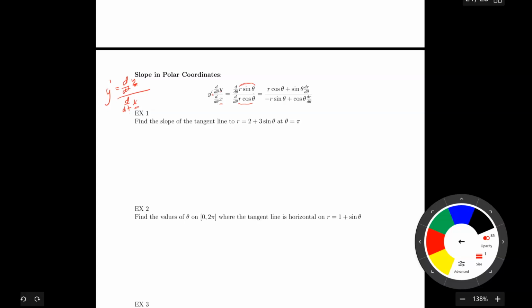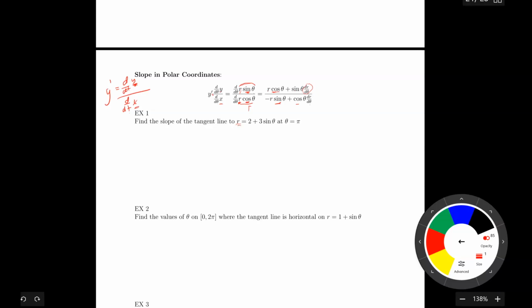It's going to be first times the derivative of second, plus second times the derivative of the first. The derivative of r is dr d theta. And down here, product rule again: first r, derivative of cosine, negative sine, plus cosine and the derivative of r. Nothing is ever going to cancel, so we just need to use it as it is.